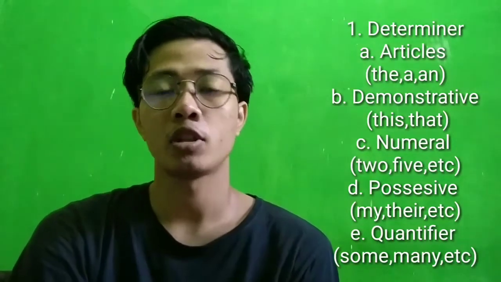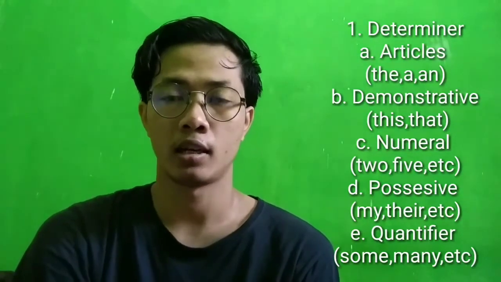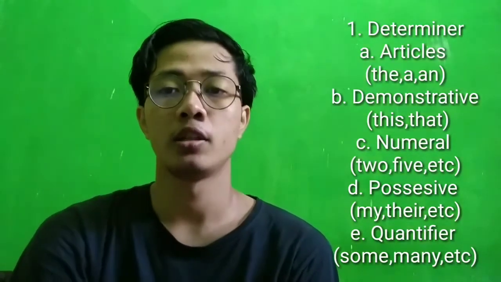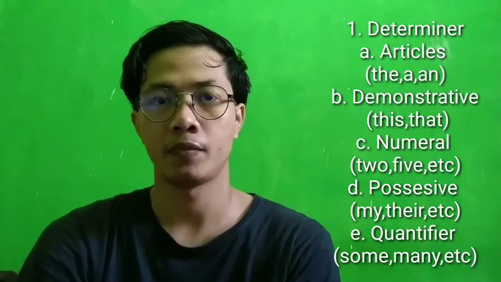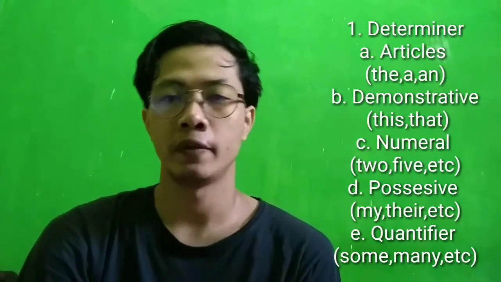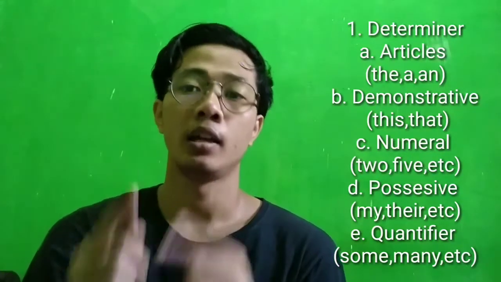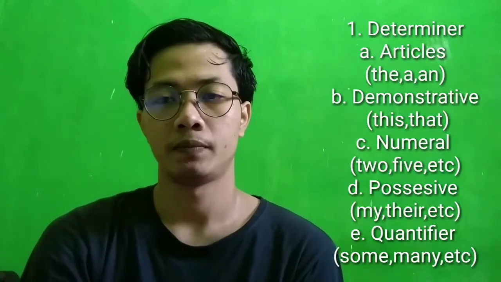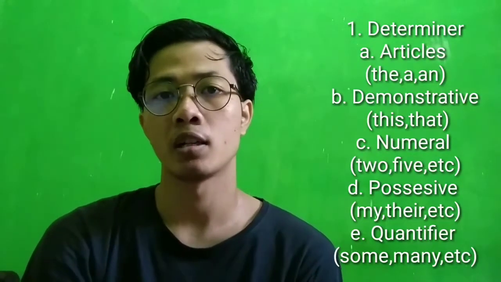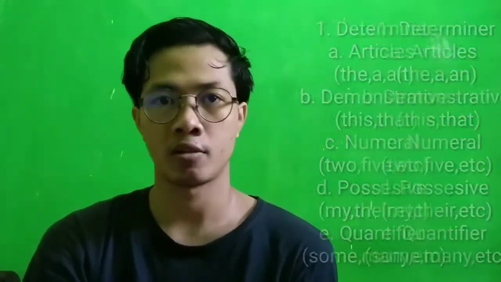The second is demonstrative, this, that. The third is numeral or number, 2, 5, etc. Next is possessive, mine, their, yours, etc. And the last is quantifier, some, many, etc.